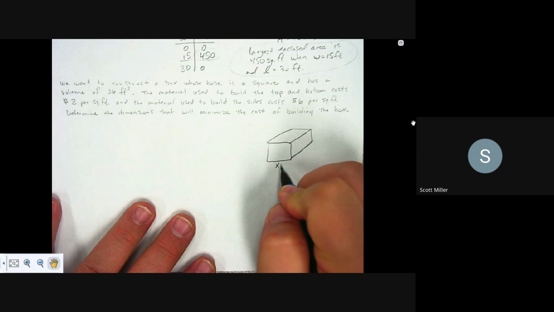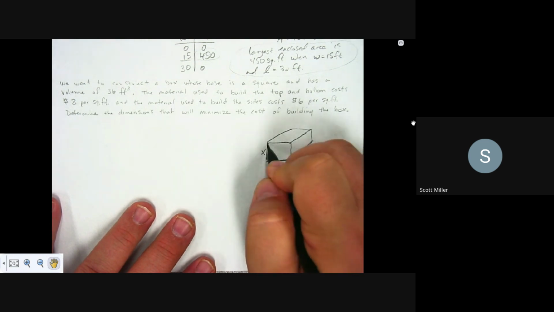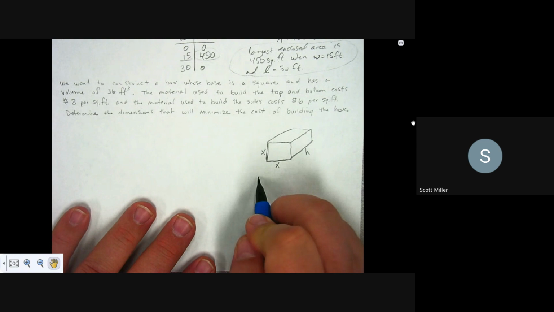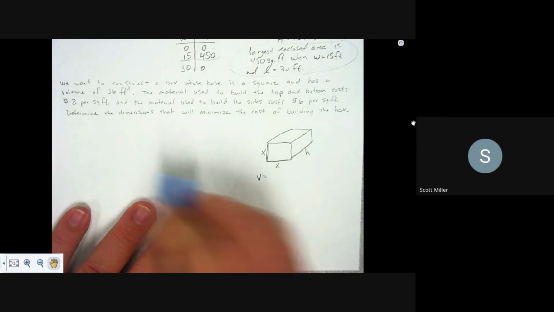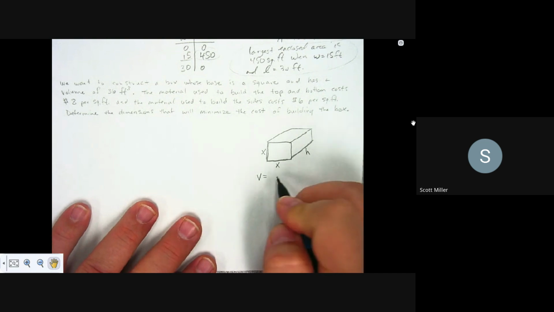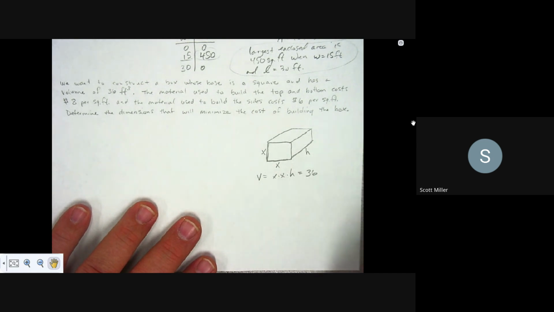The base is a square, so they both have the same value here and here. And then it has a height. Okay? And the volume of this box, which we talked about being 36 cubic feet, in this particular example, is going to be x squared times h. And I know that's 36. Okay?